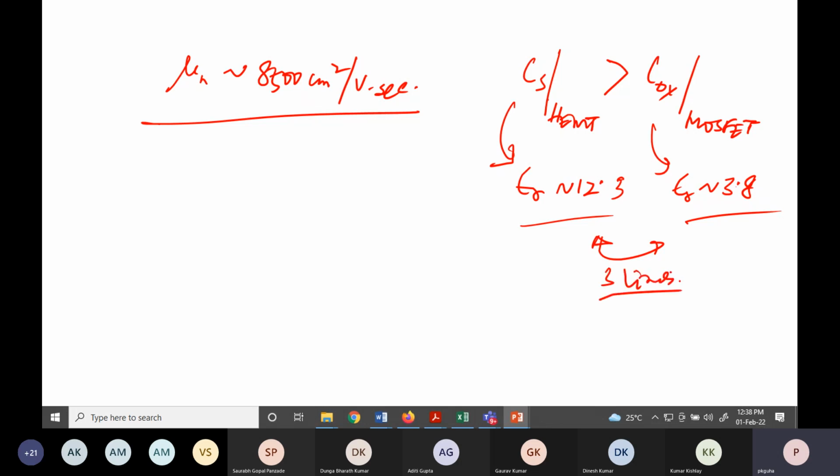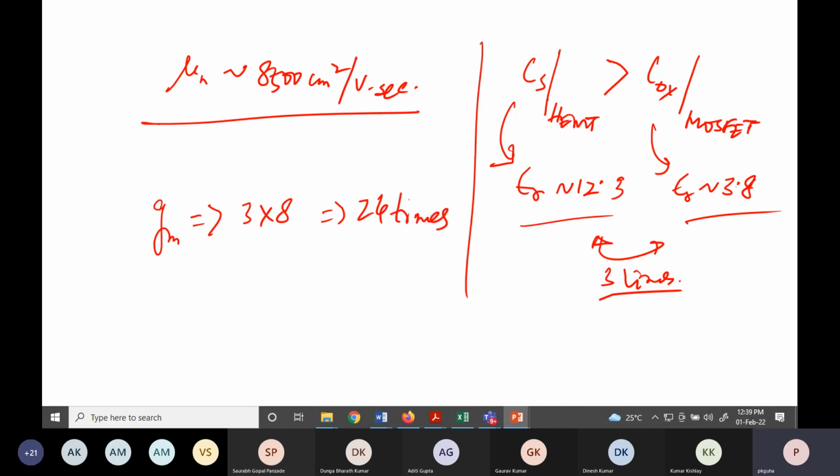So if it is 3 times here and 8 times for mu n, you see your GM is almost 3 into 8, 24 times that of silicon based MOSFET. This is 3 times, and mu n is 8 times, say. So almost 24 times compared to that of ordinary silicon based MOSFET.